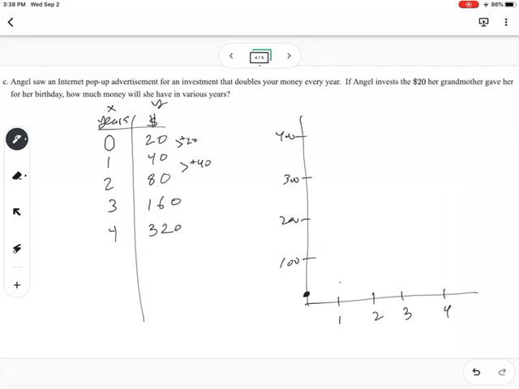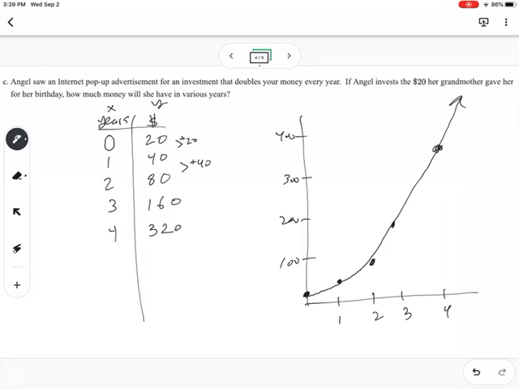At 1 year, it's gone up to $40. At 2 years, still under 100. 3 years, now it's gone up to $160. 4 years, it's gone up to $320. And what you see is, and you've probably seen this before, it's not increasing at a linear rate. It's actually going up like this.